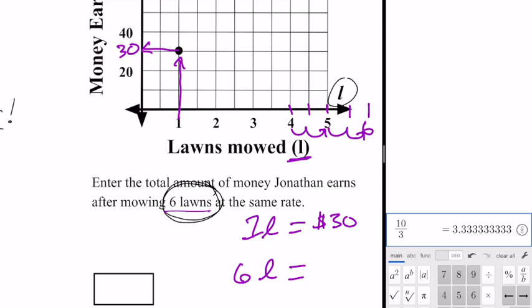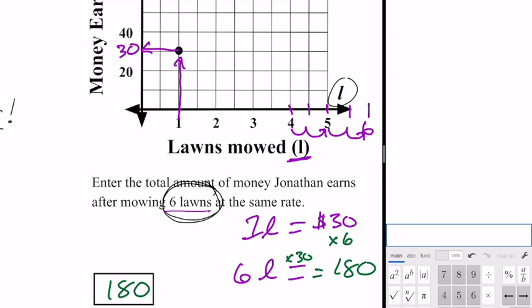I just have to multiply this times 6, no? Because it's 6 lawns. Every lawn is $30. So I'm going to say 6 lawns times 30, and that equals $180. Just double check here. 30 times 6, yep, or 6 times 30, and I get the same thing.